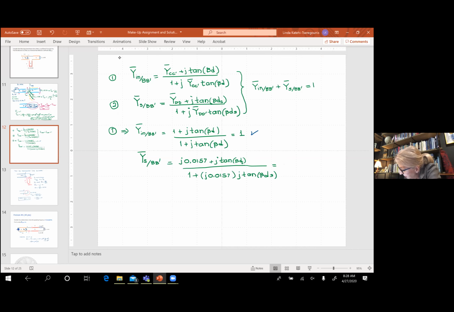And that gives us J tangent beta ds plus 0.0157 divided by 1 minus tangent beta ds times 0.0157.